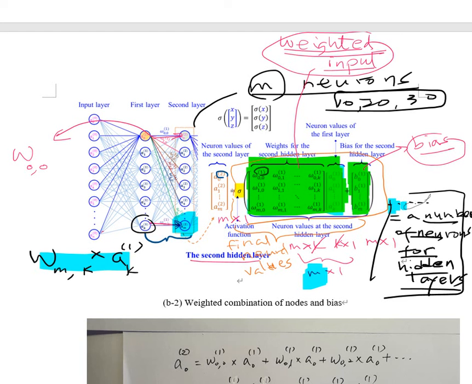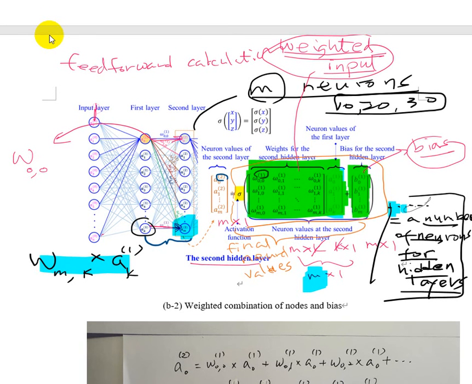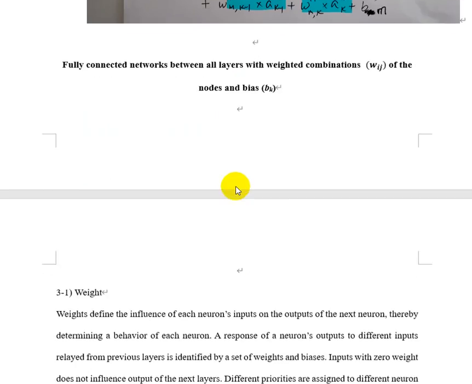When we finish the feed-forward calculation, we can say: feed-forward calculations mean you start from the input and repeat the same thing all the way to the outputs. It's better to explain here.